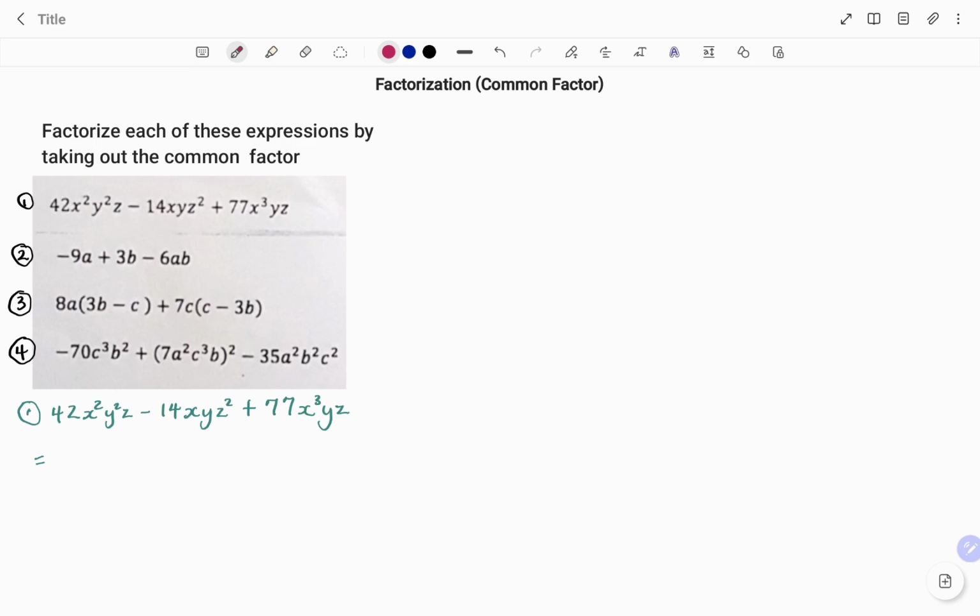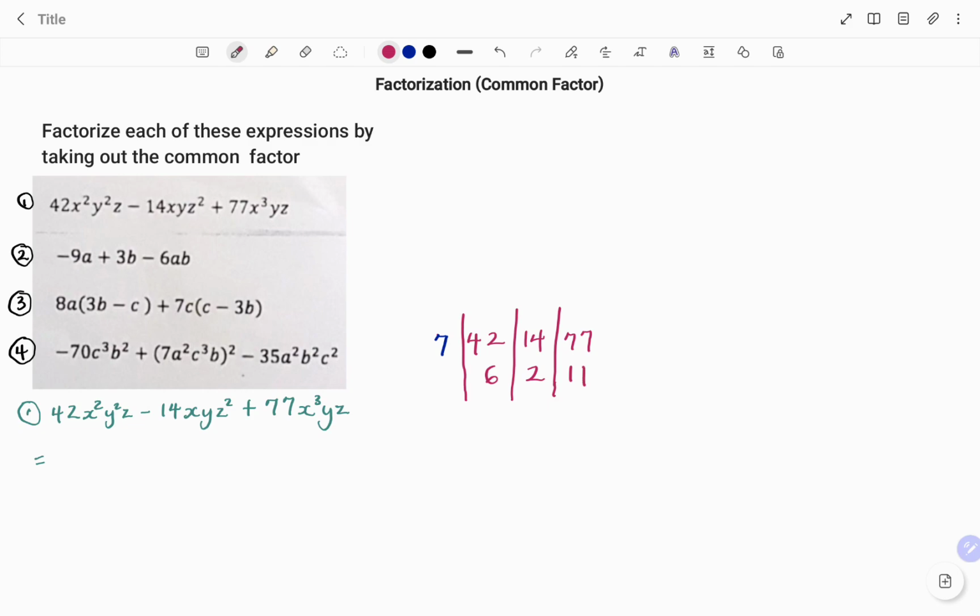For this example, we have 42, we have 14, and 77. The highest common factor for these three numbers is 7. And if we divide through by 7, we have 42 divided by 7, that's 6. 14 divided by 7, that's 2. 77 divided by 7, that's 11.